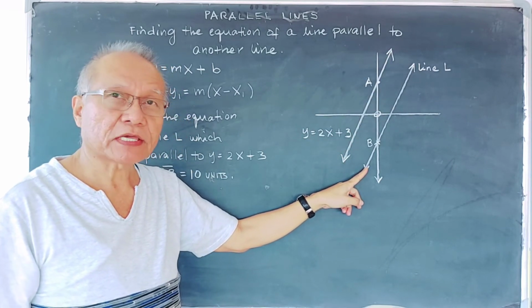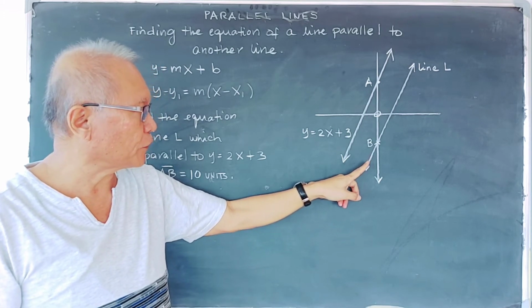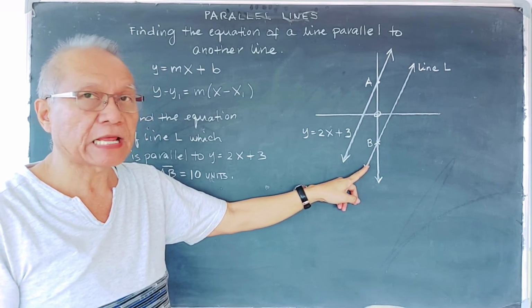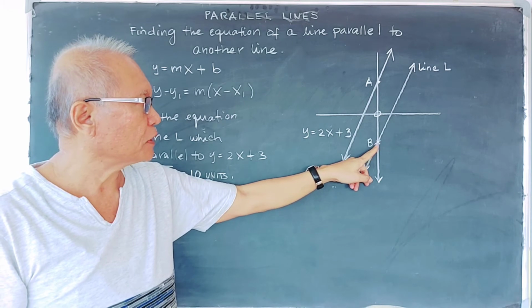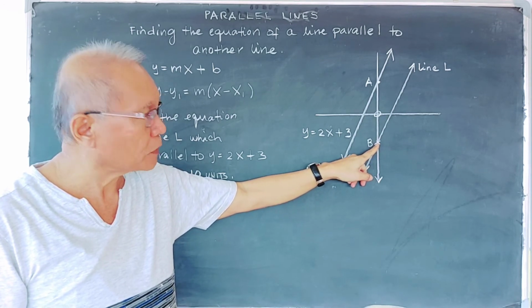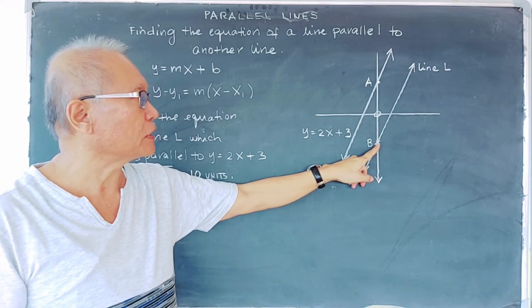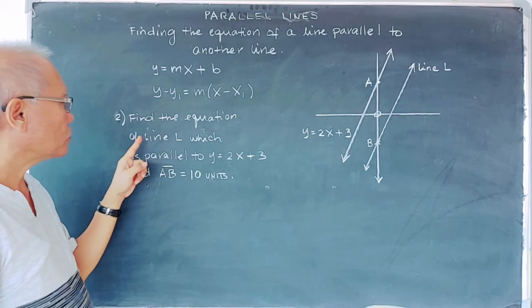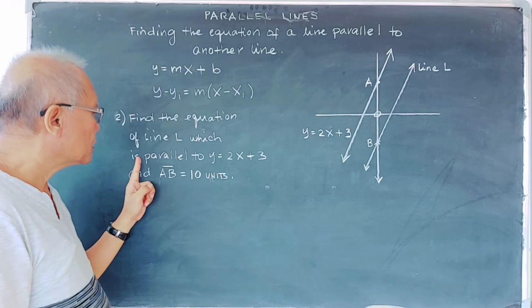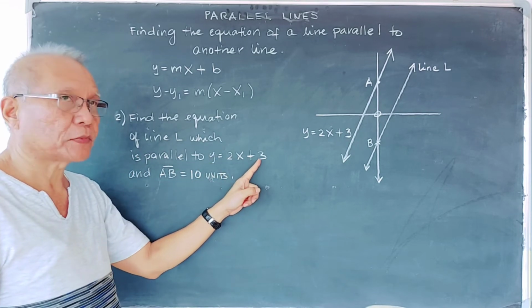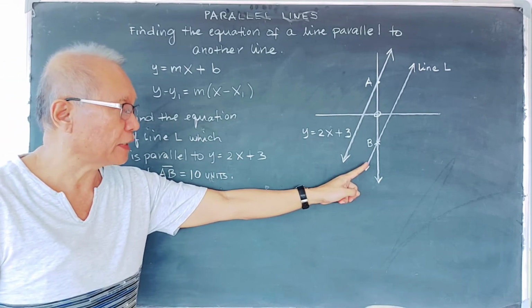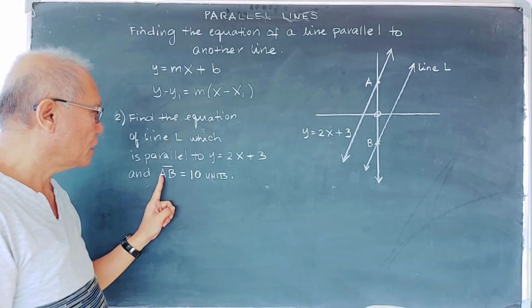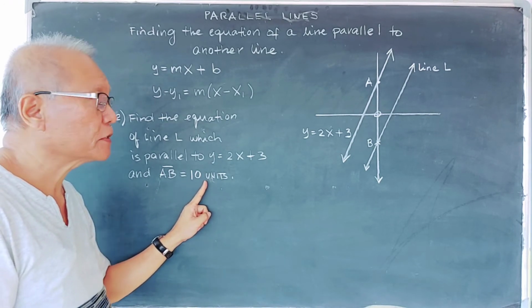This one is our second line in which we are going to form the equation of this line L, which we do not know also the y-intercept of this line L. So we have here, find the equation of line L, which is parallel to y equals 2x plus 3. They are parallel lines. And AB is 10 units.